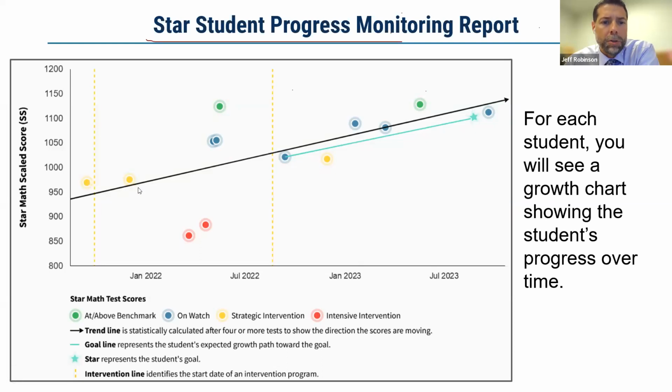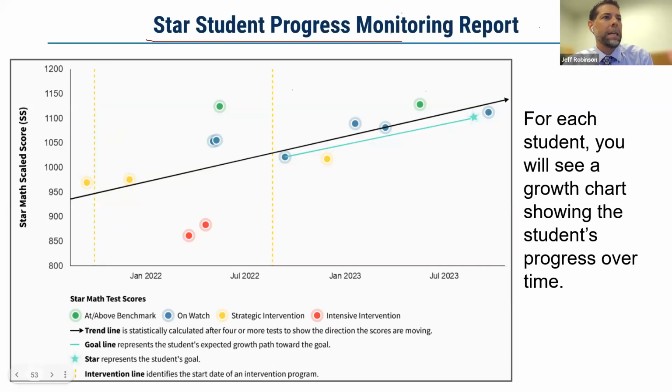Each of the circles represents a test event, and the circles are color-coded based upon the benchmark category the student earned when they took the test. In the live report, if you hover over one of those dots, it will tell you what the student's actual scale score was. The yellow dashed lines here are intervention lines, and this identifies the date of an intervention program.